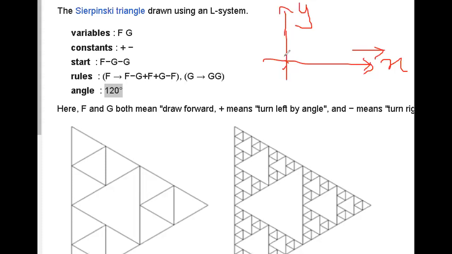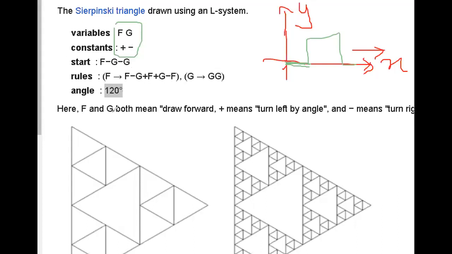When the turtle moves, at the same time it marks this plane with its pen. So F and G. We have four symbols in the alphabet, and two of them are variables. For variables we have rules, and two constants are there.